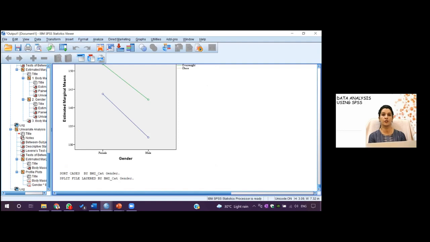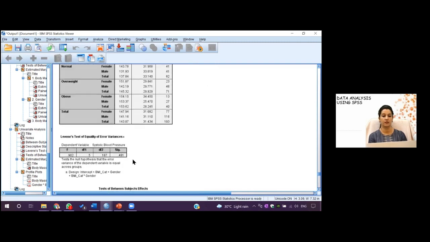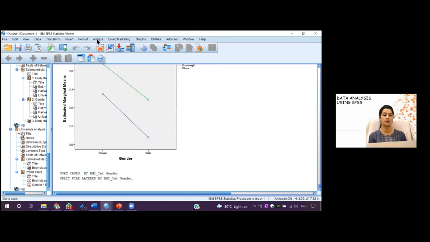There was one homogeneity of variance appearing in this table also, but the more important is to report it across the cells.